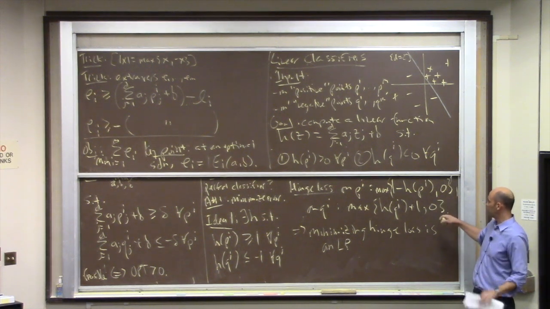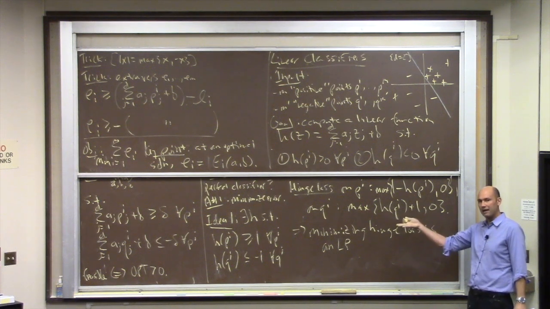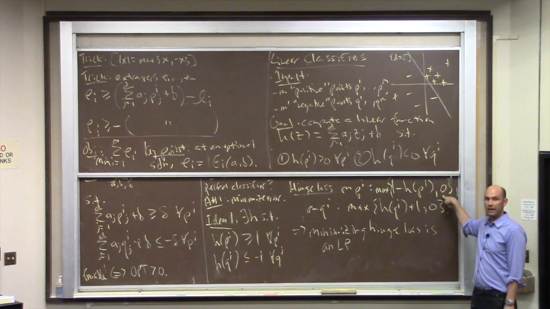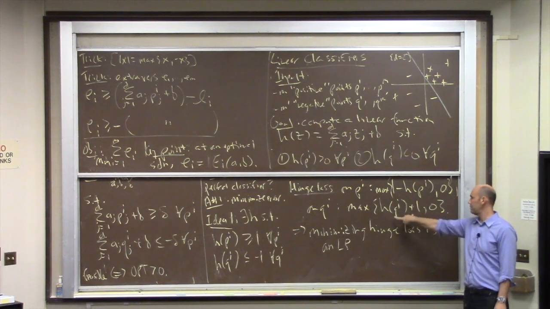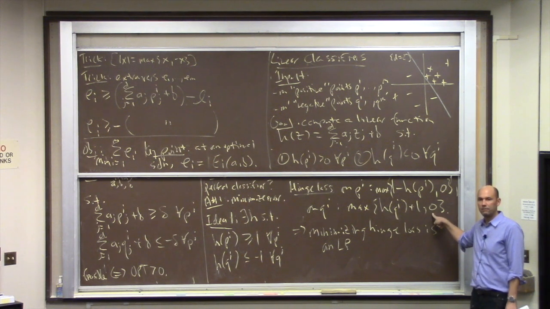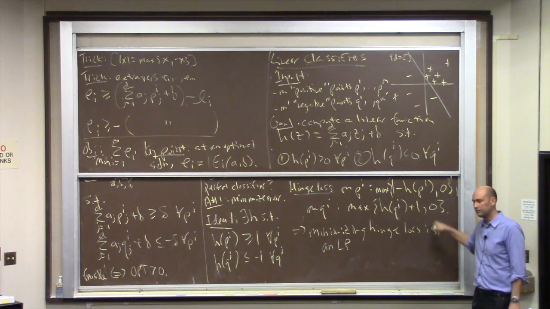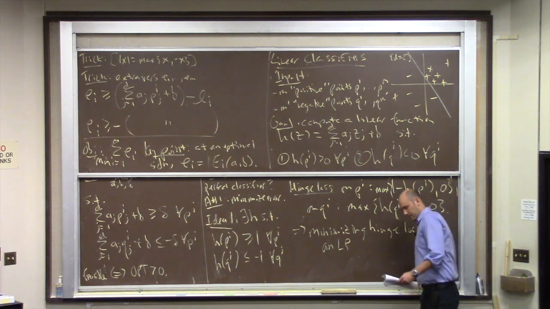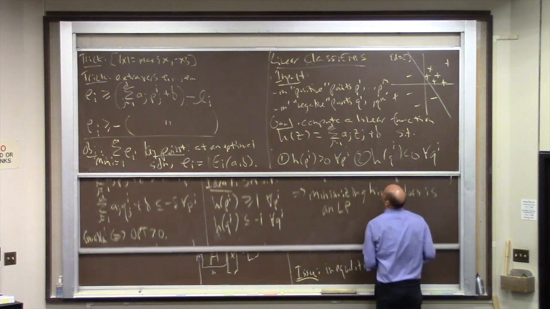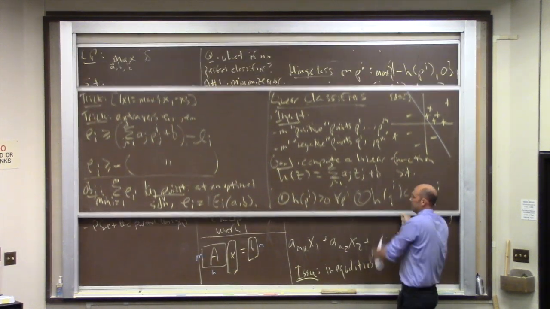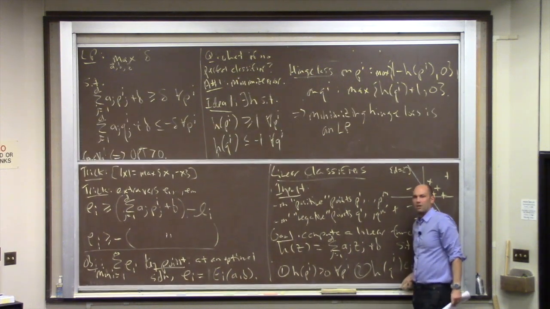The only difference is your two constraints: one says ei should be at least this, the other says ei should be non-negative. For positive points and for negative points, one constraint says ei is at least this, one says ei is non-negative. Otherwise, it's exactly the same as the fitting-the-line example. Questions about that?